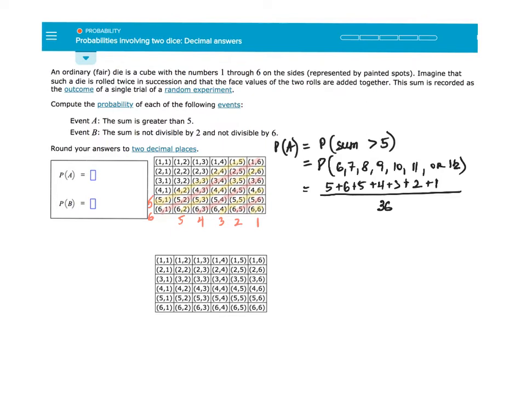When we add all those numbers in the numerator, we will get 26 altogether out of 36, which is approximately 72/100th, rounded to 2 decimal places as directed.